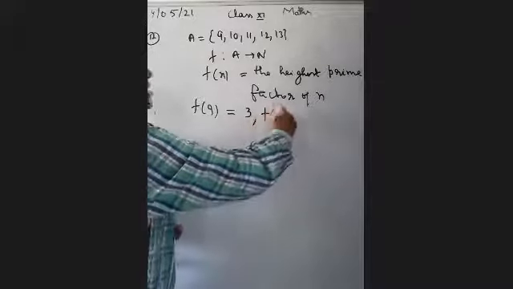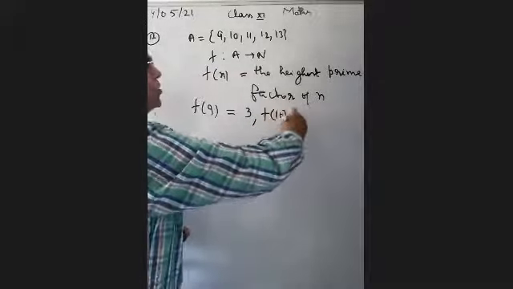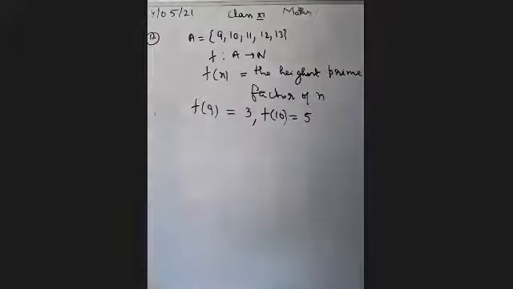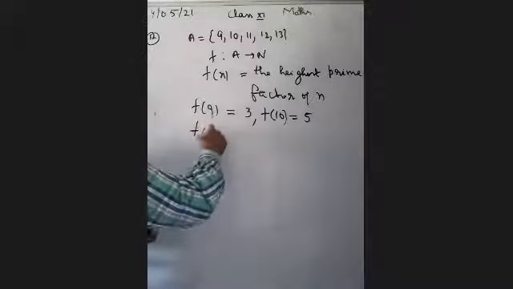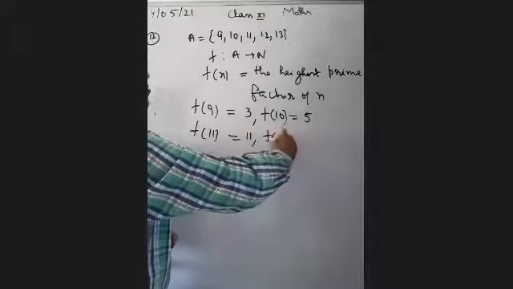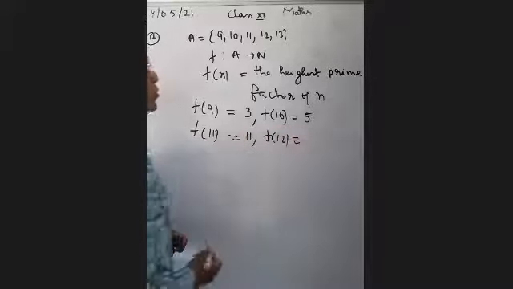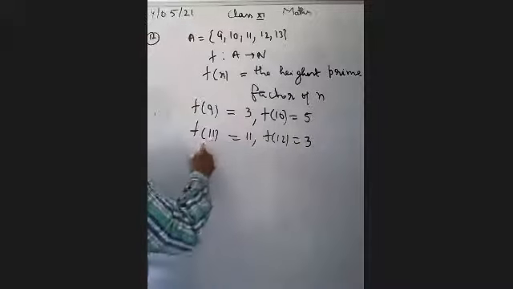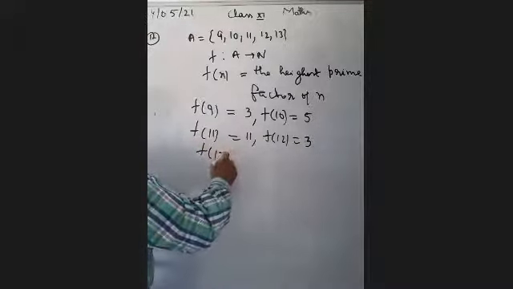Similarly, f(10) equal to, ठीक है, 2 5 the 10, 5 is the highest prime factor, so f(10) equal to 5. Similarly, f(11) will be equal to 11, f(12) equal to 2 2 is 4, 4 3 is 12, f(12) is equal to 3, f(13) equal to 13.